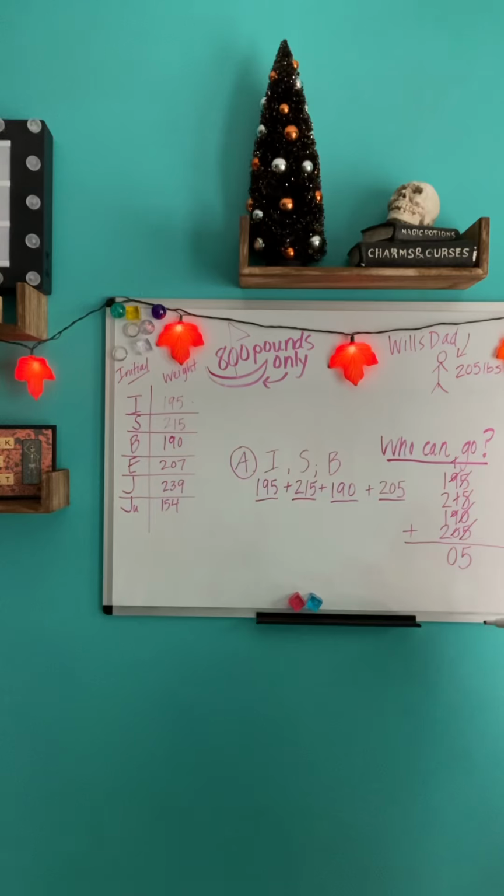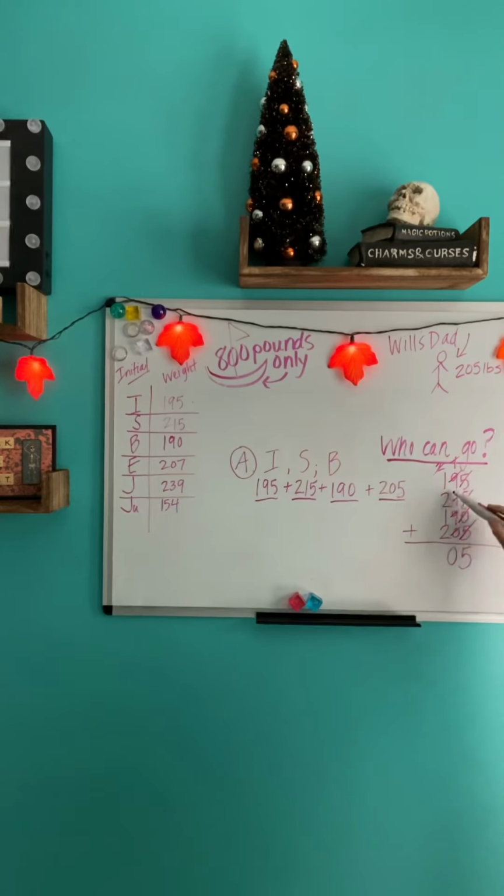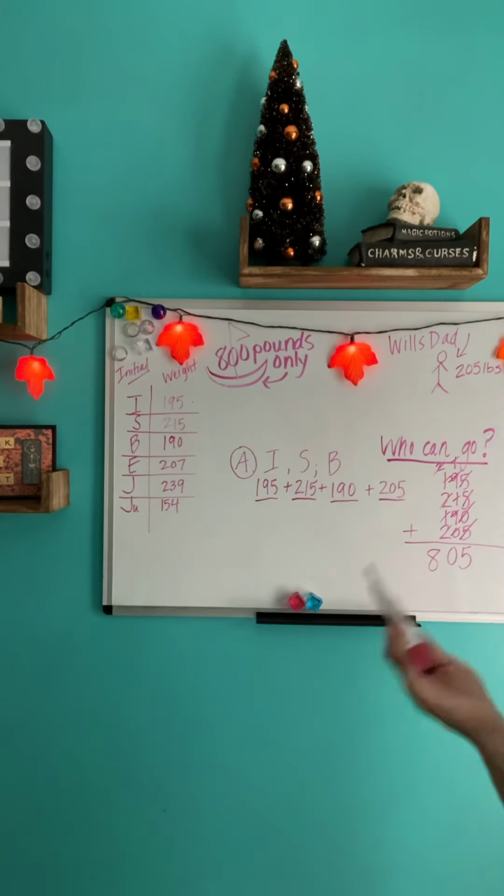You know you can't put the 2 in the tens place. So I put it over in the hundreds place, and then I'm able to add. I'm going to start counting by 2s because I've done that probably since I was 4. 2, 4, 6, then 7, 8. So A is not a possibility.